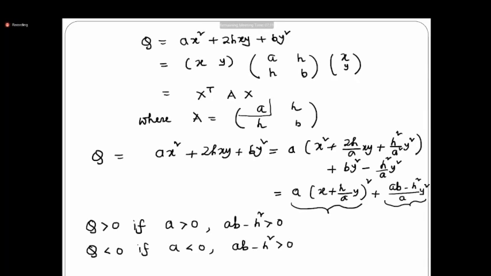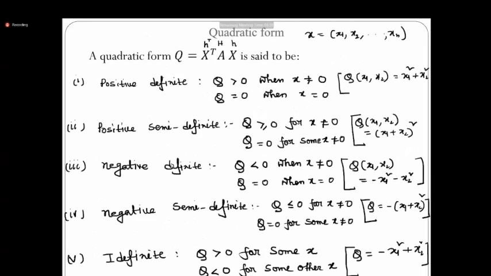Semi-definite means what? Some x, y you are going to get as not equal to 0, for which that quadratic form is equal to 0, right? We have discussed that semi-definite part. In the semi-definite case, some x not equal to 0 you are getting for which this is equal to 0.